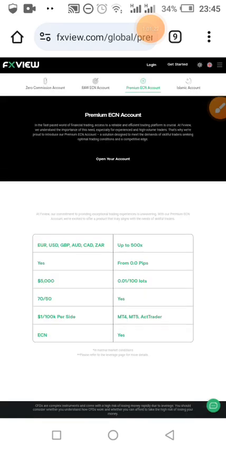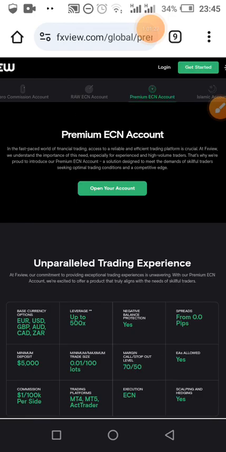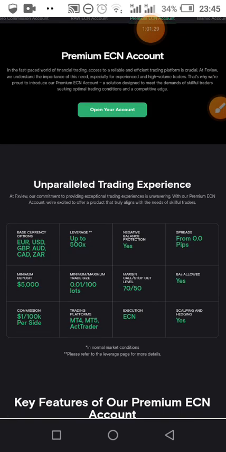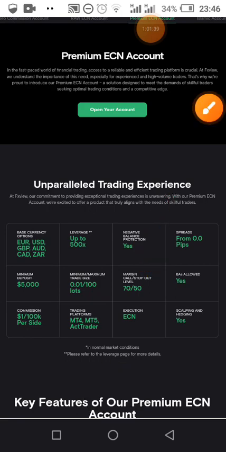Okay, I'm not sure why the website is doing this today, but it usually doesn't do this. So you can see the conditions here. Okay, so when you see the margin call and stop out levels, you can see it's 70/50. So that's where I was saying that time that margin call at 70% is when they can send you a message telling you that you could have to consider looking for more money to deposit.